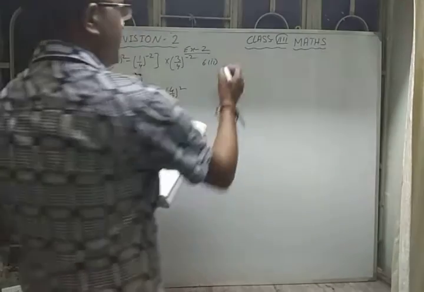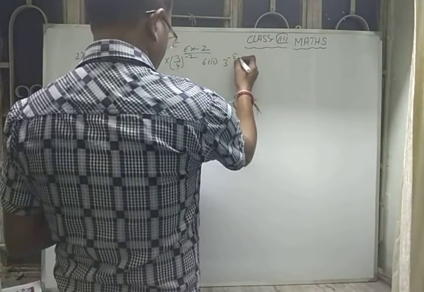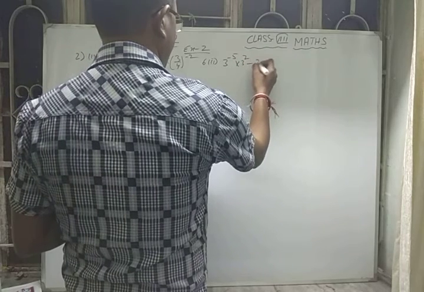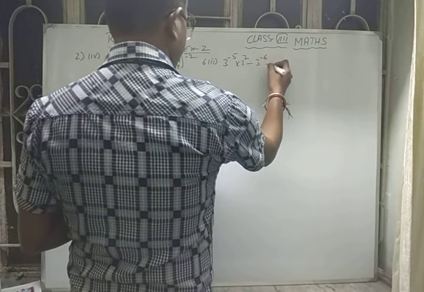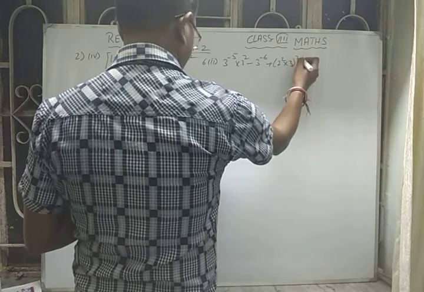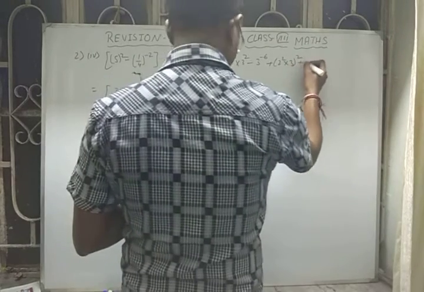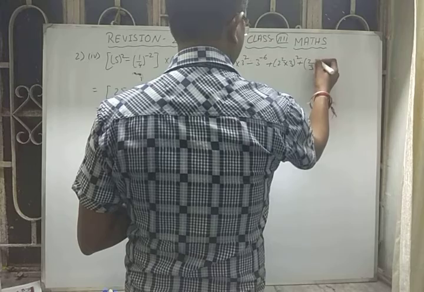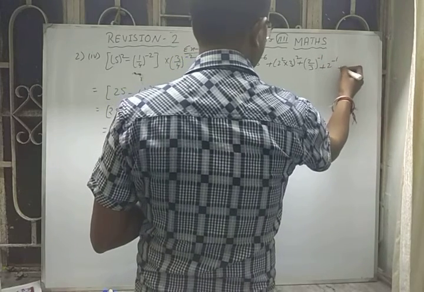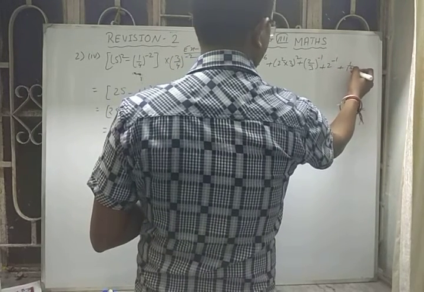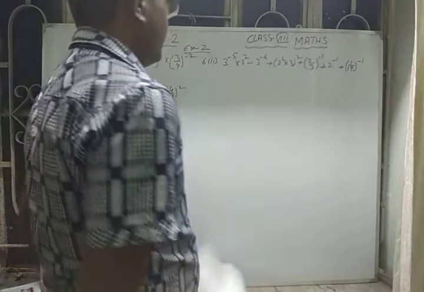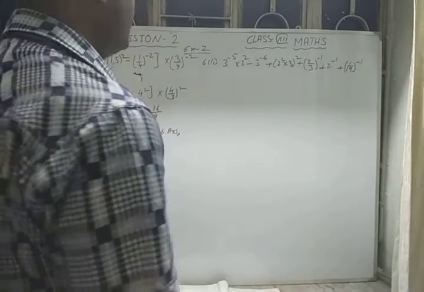It's 3 to the power minus 5 into 3 square divided by 3 to the power minus 6 plus 2 square into 3 whole square plus 2 by 3 whole to the power minus 1 plus 2 to the power minus 1 plus 1 by 19 to the power minus 1. Okay, so now you have to solve this.